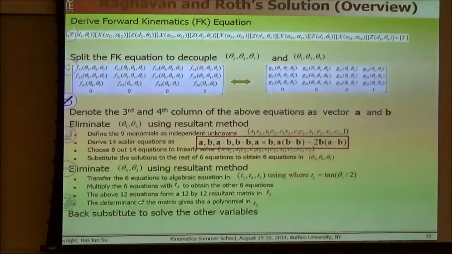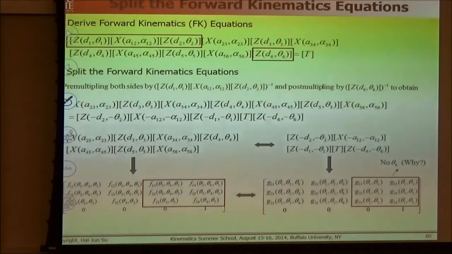And then the next step is using another step of the resultant method to eliminate 4 and 5 by using the half tangent angle. T3, 4, 5 is the half tangent of theta 3, 4, and 5. And then the rest is back substitution. The details are here.